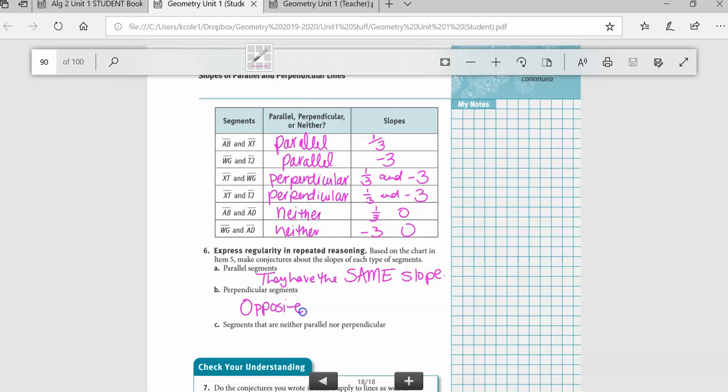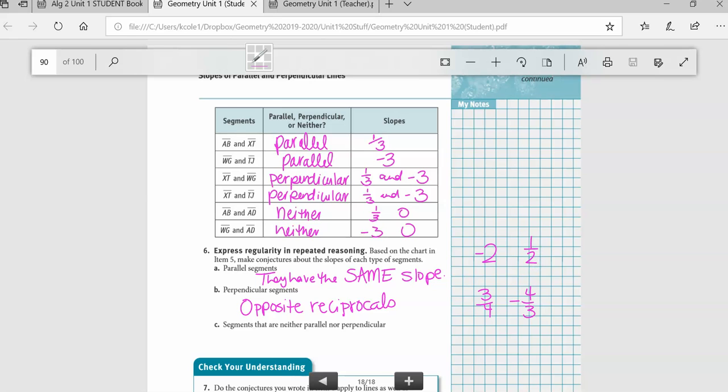So if one's positive, the other has to be negative, or vice versa. And then they are the reciprocal, okay? They are the opposite reciprocals, which basically means that if one of them is 3/4, the other one has to be negative 4/3. Okay, if one of them is negative 2, the other one is positive 1/2.